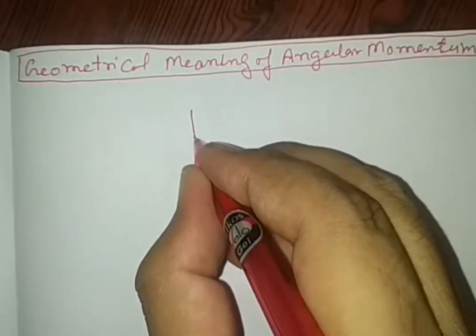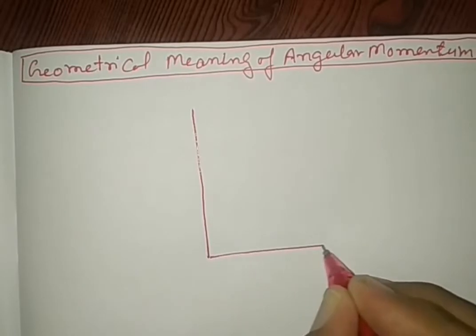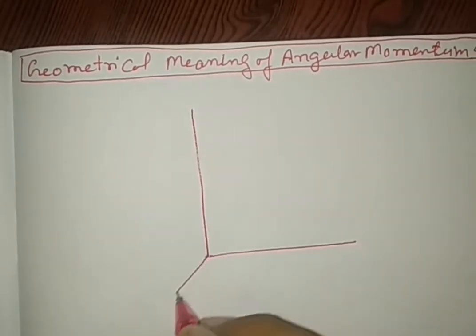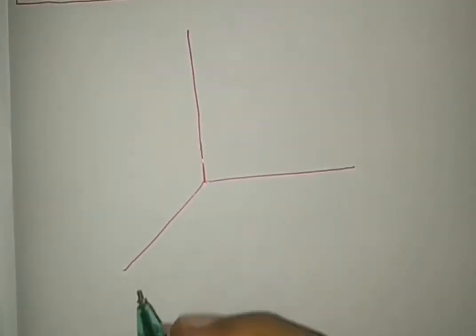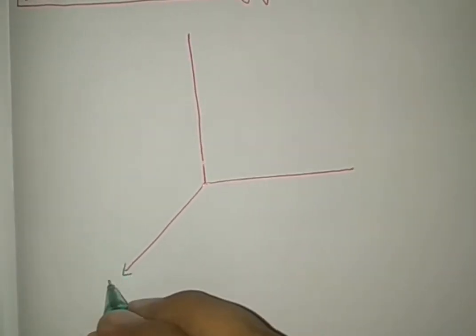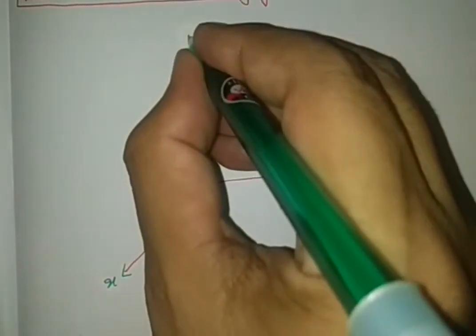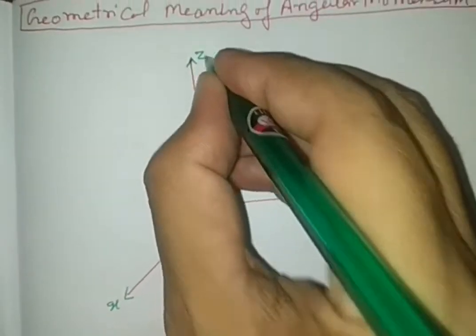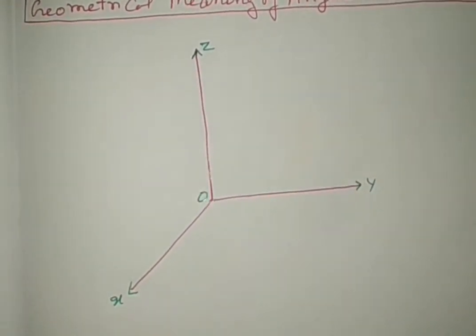Let us consider a three-dimensional frame of reference. Here in this frame of reference, this is the x-axis, this is the y-axis, and this is the z-axis, and this is the origin.